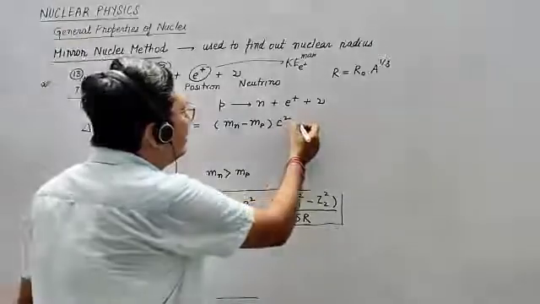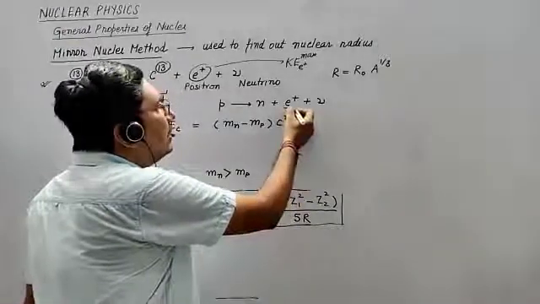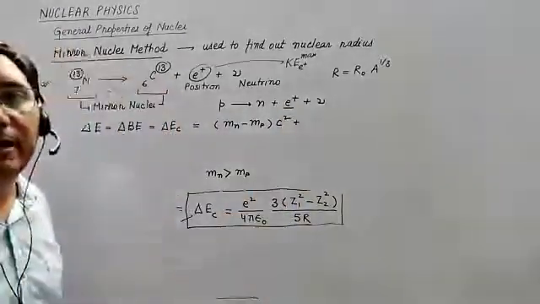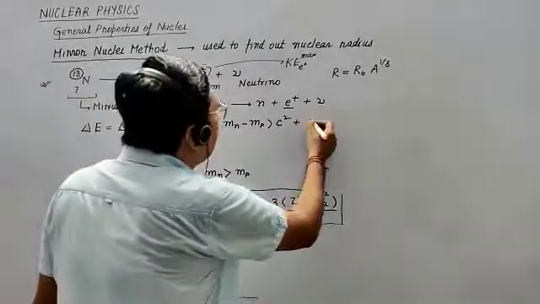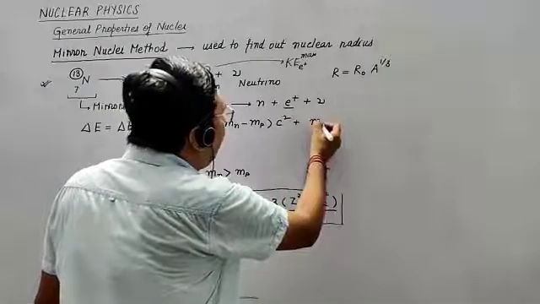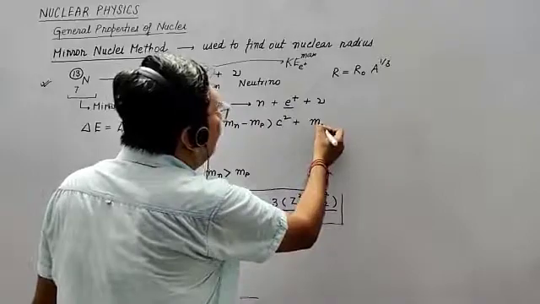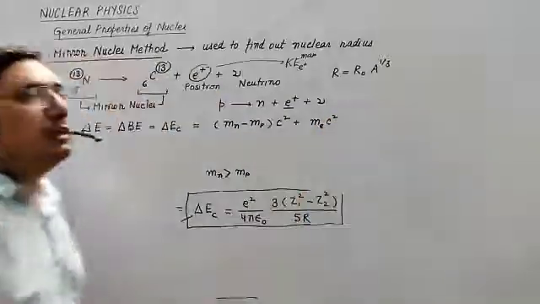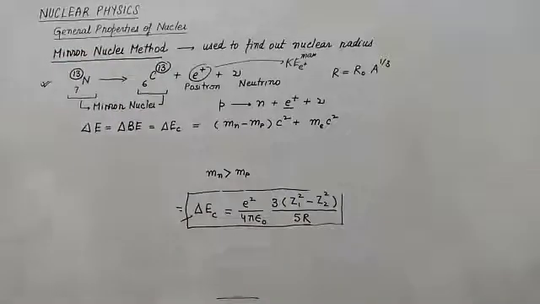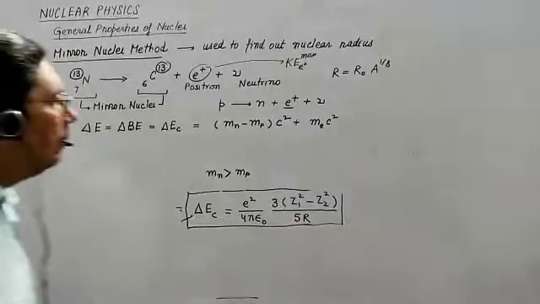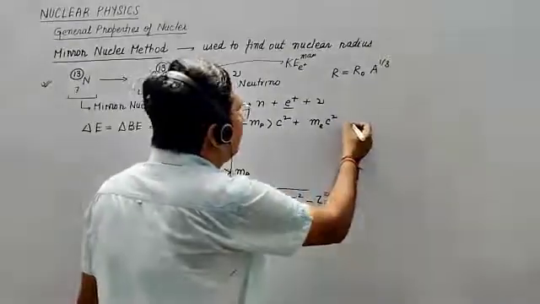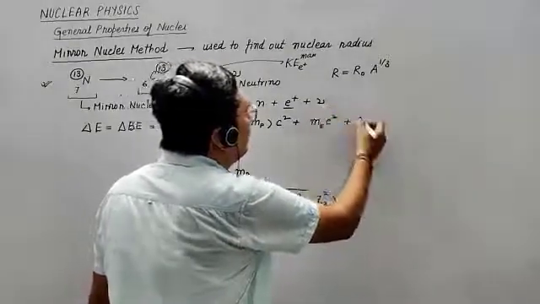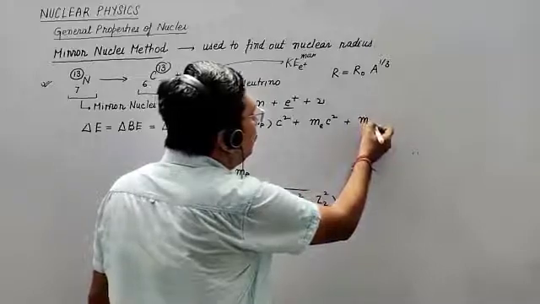Another thing is, this positron is created. Positron will have some mass. So a part of this energy will be utilized for creating this positron. This will be m_e c square, plus the mass of this neutrino.